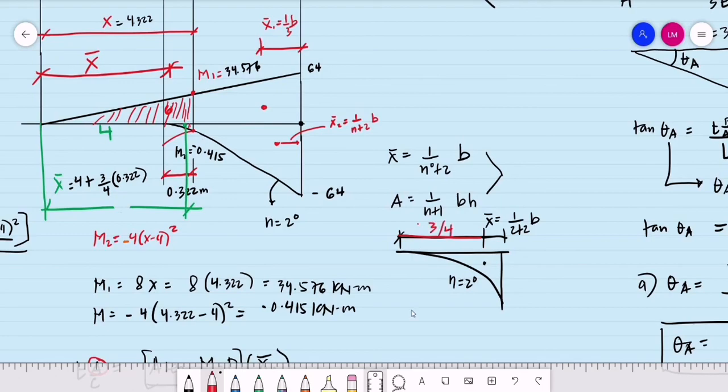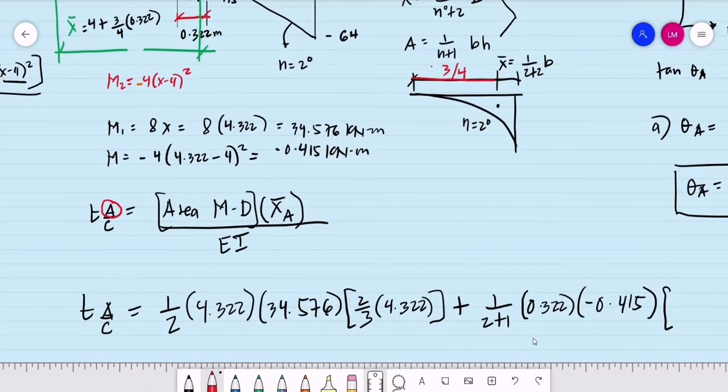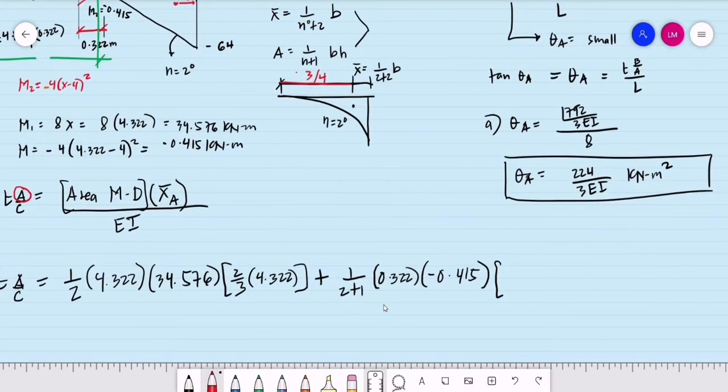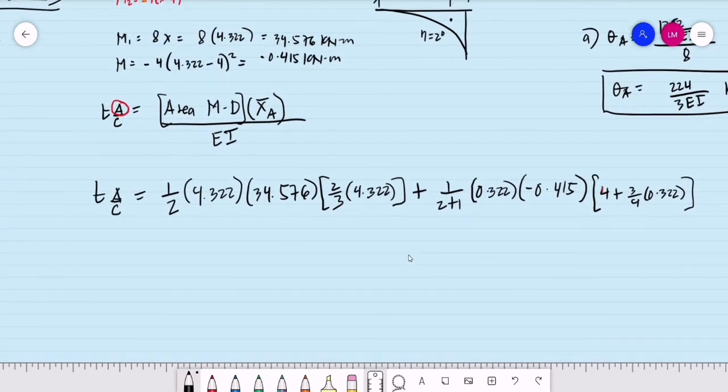Okay, so I hope that is clear. So for the spandrel, that is 1/2 plus 1, 0.322, negative 0.415. The distance of its centroid towards point A is 4 meters plus the 3/4 of 0.322 meter. So this will be the equivalent of the deviation from C to A.